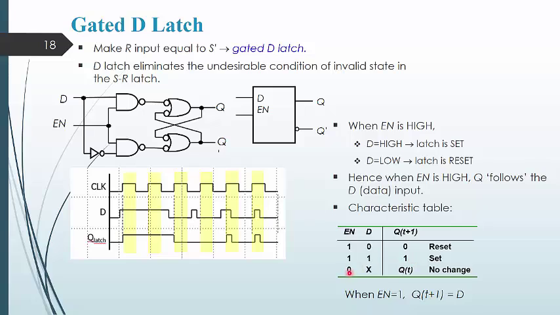But if enable is 0, whatever the D value, there is no change in the next state, because for Q(t+1) to change, the enable must always be 1. That's why the characteristic equation for this D latch says that when enable is 1, the next state always follows the D input, which is represented in this waveform.